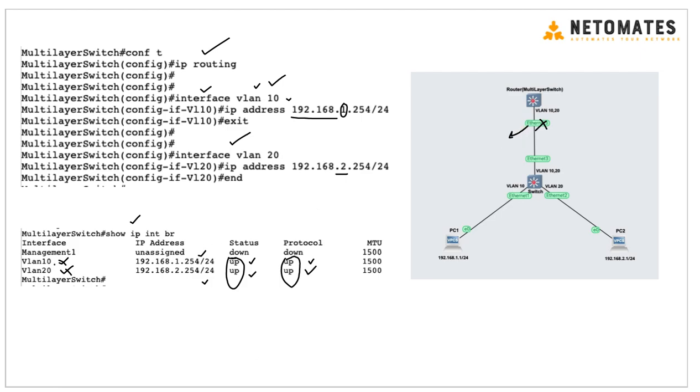Whenever a packet comes to this interface, it needs to be sent on Ethernet 3, right? If Ethernet 3 is down, there is no way the multi-layer switch can forward the packet. So VLAN interfaces are dependent on the actual physical interface where the VLAN IDs are assigned. Okay.